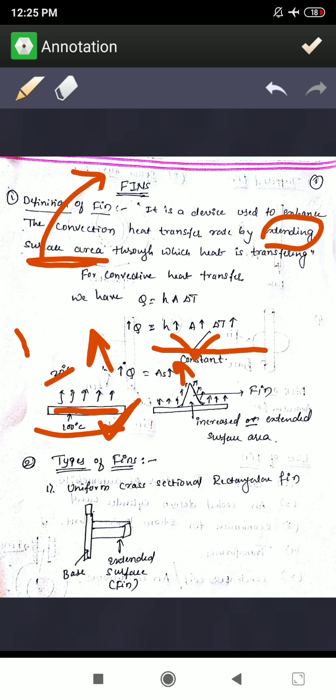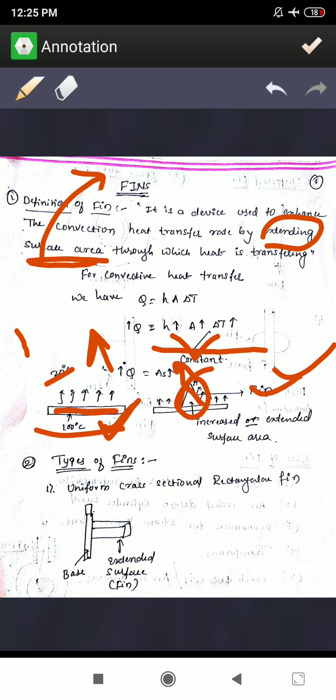If you observe this second figure, some extending area is there, that is the surface area of the fin, the increased or extending surface area. By doing this we can increase the surface area as well as the rate of heat transfer through convection. So this is about the definition of fins.